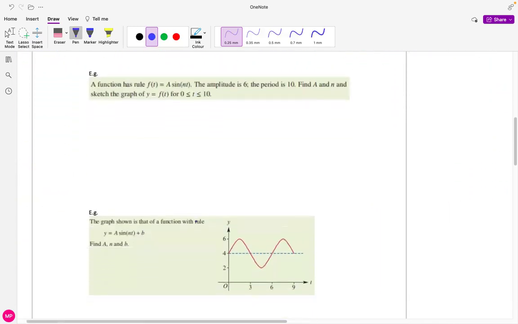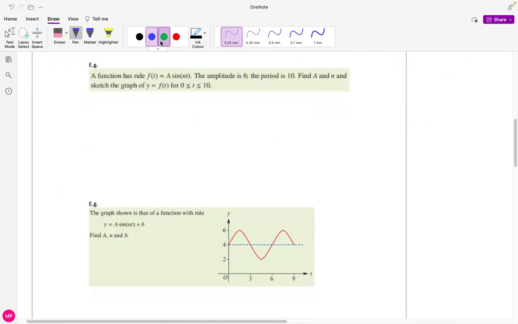Now we're going to do an example of how to apply this to find the unknowns. Here I have the amplitude equals 6. They told me that a equals 6 and the period is equal to 10.